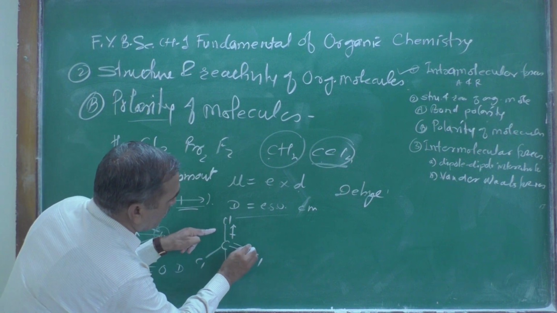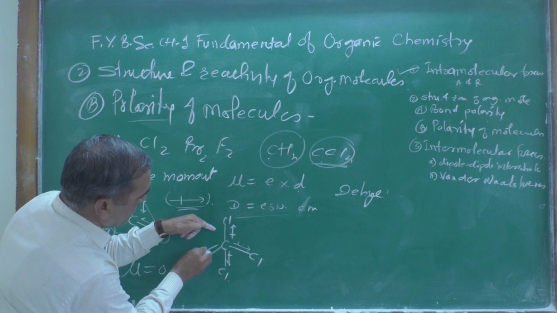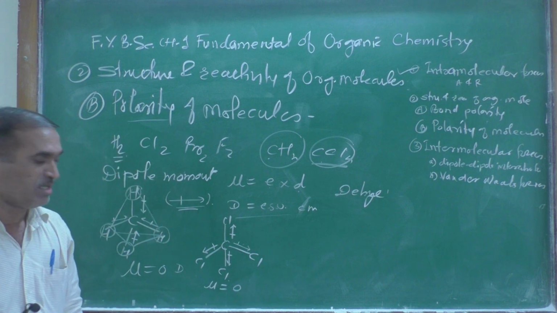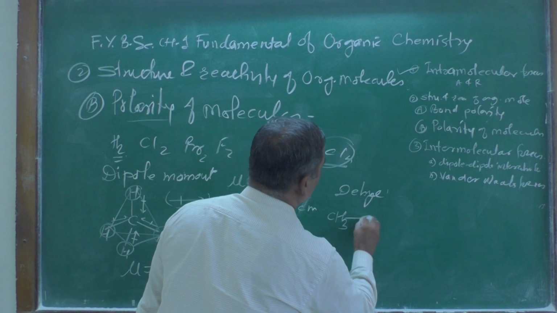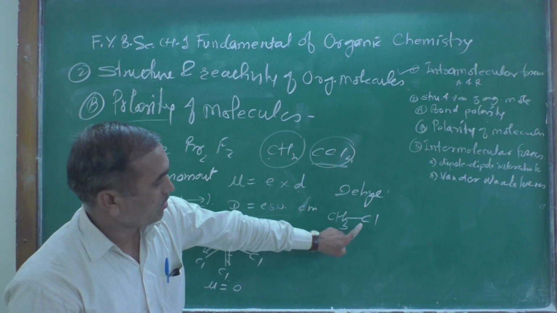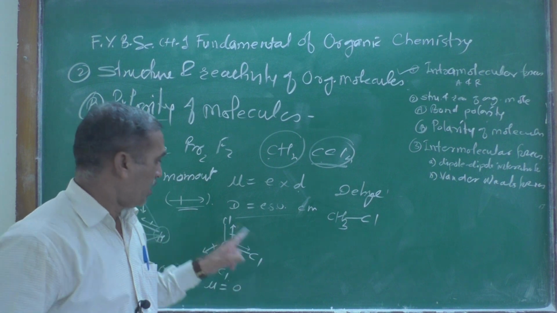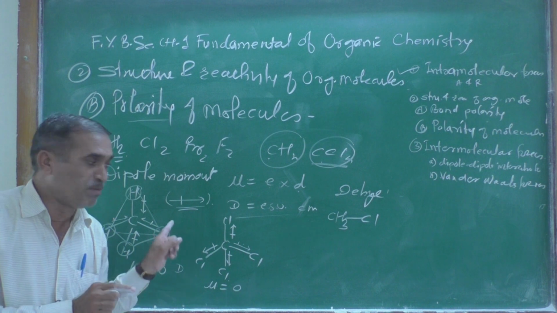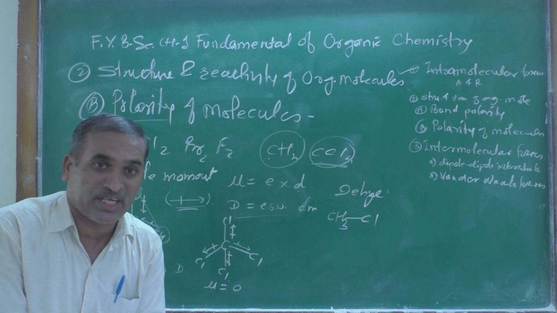Here also pointing toward the chlorine atom, and here this one, and here this one, so the resulting dipole moment becomes 0. Suppose in the case of methyl chloride, this molecule becomes polar because one of the atoms is chlorine, so the dipole moments do not get cancelled.